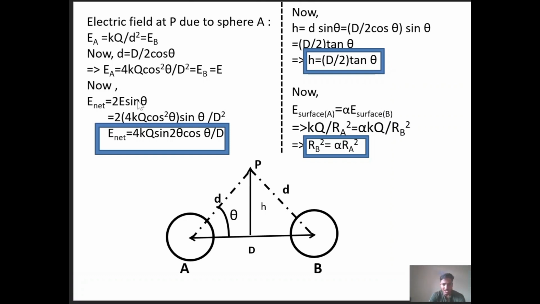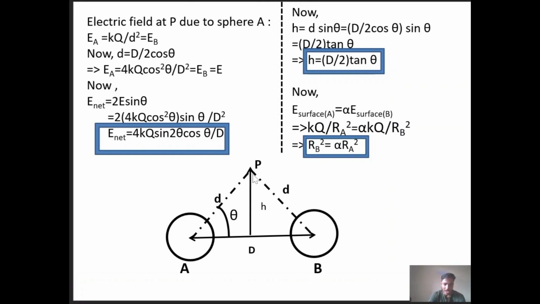Now putting the value of E here, we can write the equation as 4kq sin 2 theta into cos theta divided by D square. Clear? Here we can write 2 sin theta cos theta equal to sin 2 theta. We can use that formula to derive this equation of net electric field.